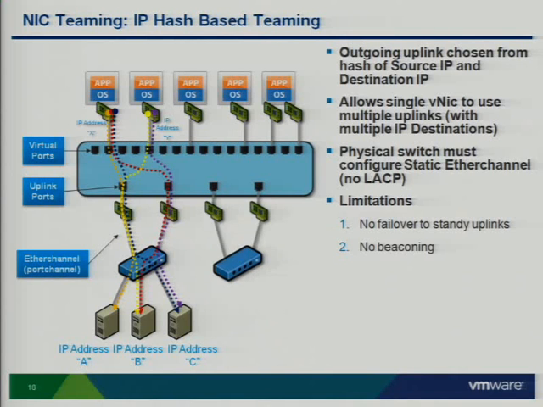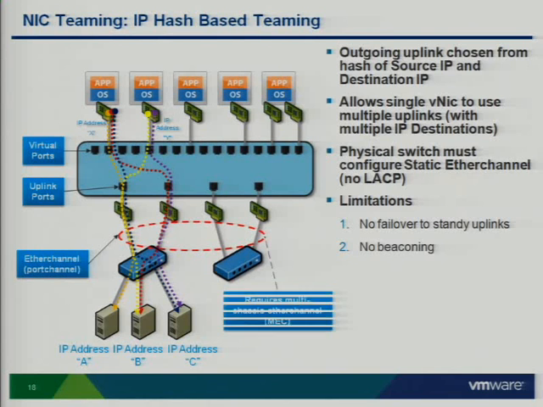What that means is that if you have multiple pNICs connected to separate physical switches and you set up IP hash, you require static Ether channel across two switches. In order to have Ether channel across two switches, you need multi-chassis Ether channel, which means you have to spend more money on the physical switches. Most physical switches don't support Ether channel across multiple switches. You have to pay extra money to get that feature.